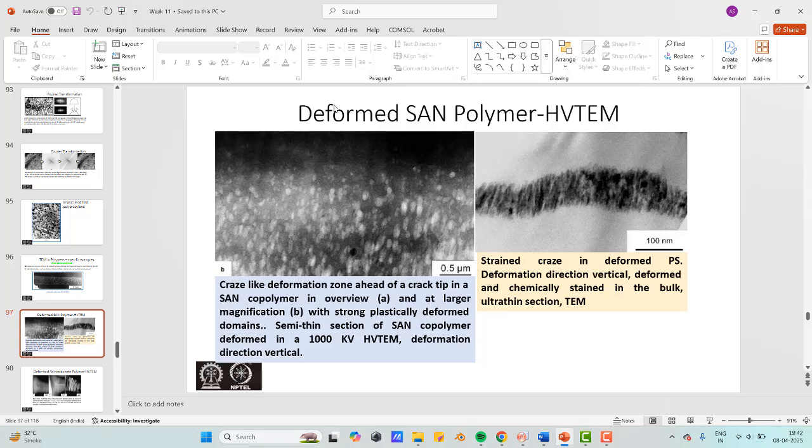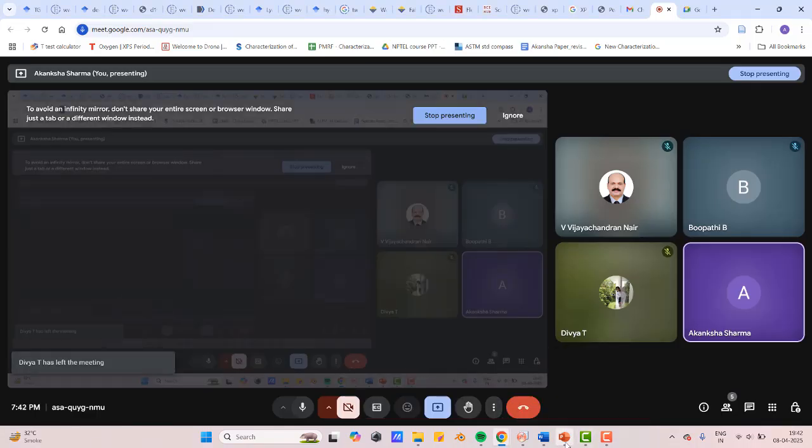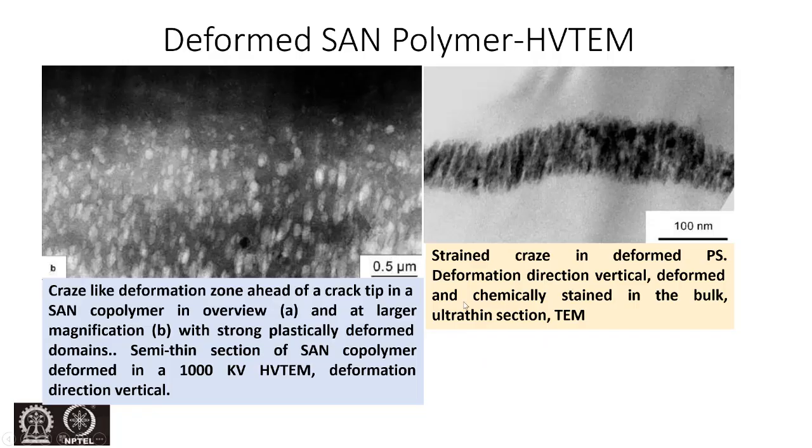Then we have the deformed SAN polymer. This is a craze-like deformation zone attached ahead of a crack tip in this copolymer. Figure A shows an overview, and this is at the largest magnification.